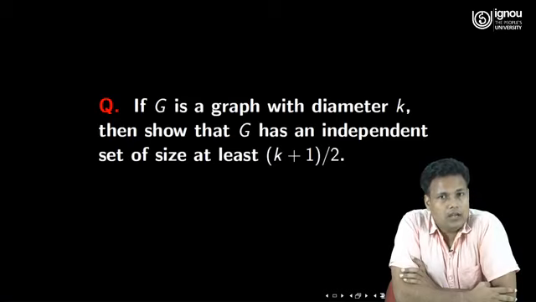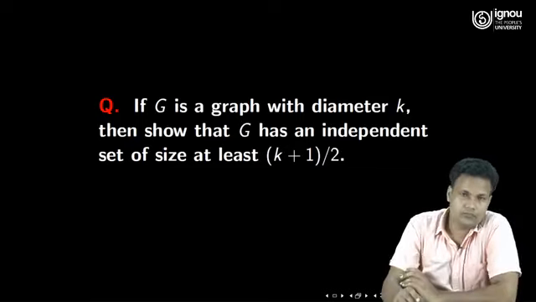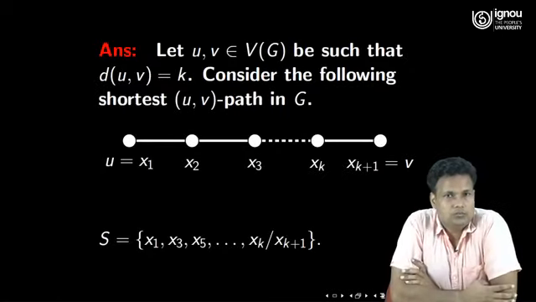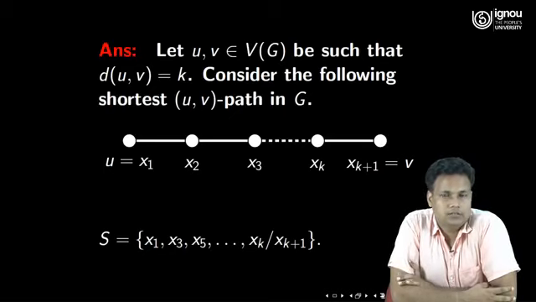The graph has diameter k. It means that it has at least two vertices which are at a distance of k. So let us choose two vertices u and v in such a way that the distance between them is k. And now consider the shortest u-v path in G, which is shown here. This path has length k, and hence it has k+1 vertices.